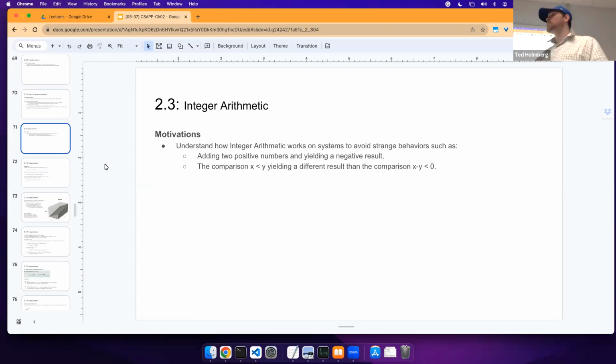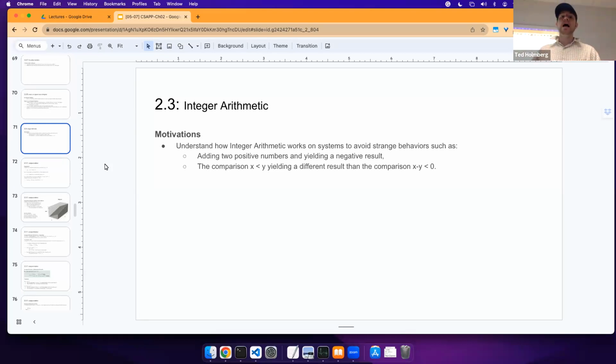Okay, so the motivation here, once we start talking about our integer arithmetic, is we want to understand how it works on our system so we can avoid at least two possible outcomes: adding two positive numbers and yielding a negative result. For sure, that is something that could currently happen. You could probably already predict how that might happen, but we'll actually see why that happens.